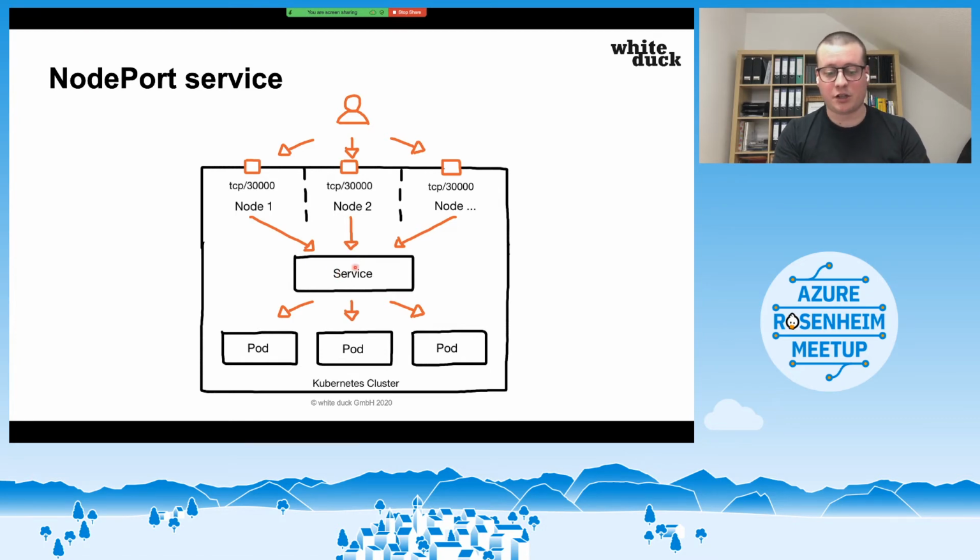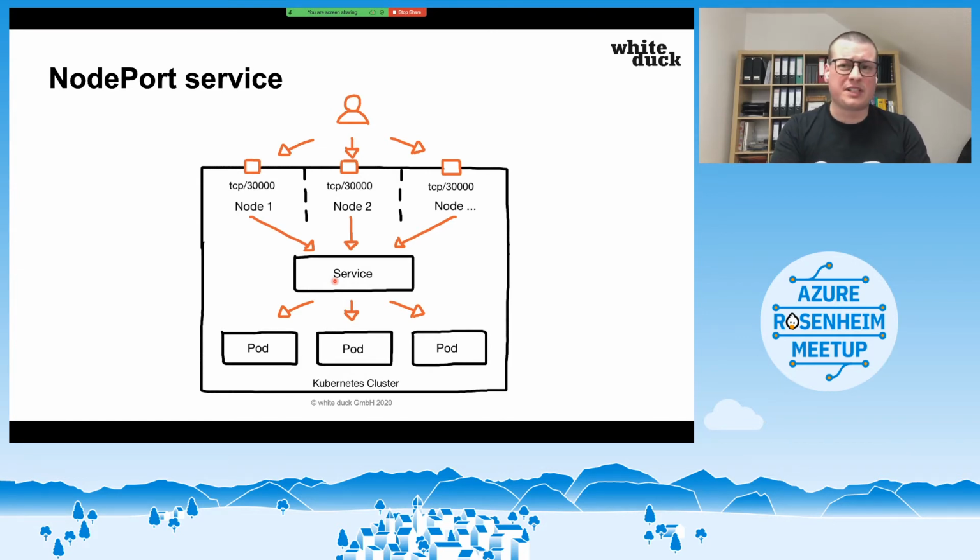And then once again, the service is redirecting the traffic to one of the pod instances, which is pretty cool. This port gets opened on every node in our cluster. So the person or the service contacting our application does not know on which node the application is running. They just talk to any node in the cluster, and then the request is routed internally.